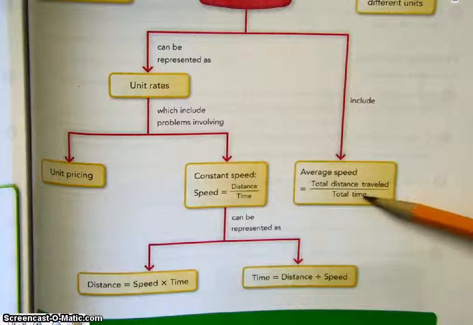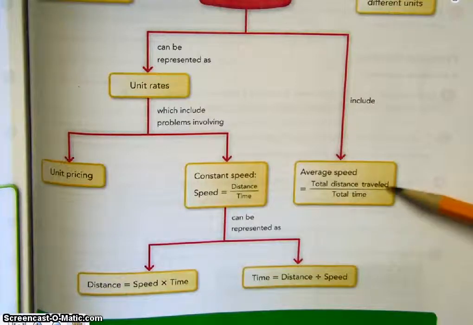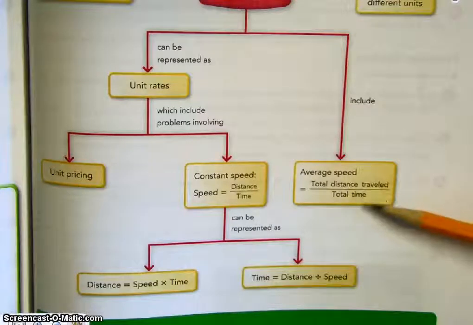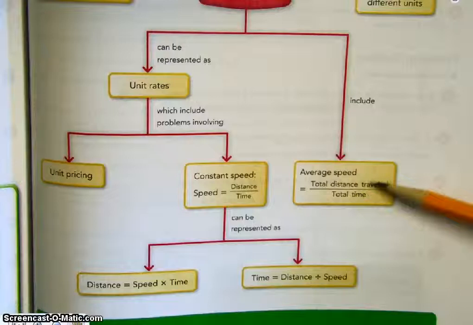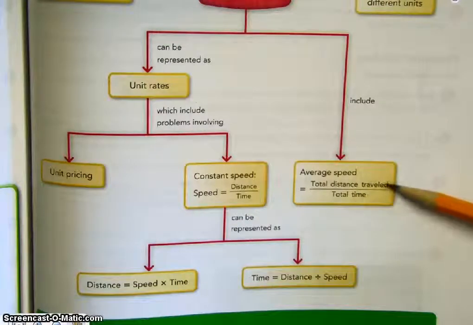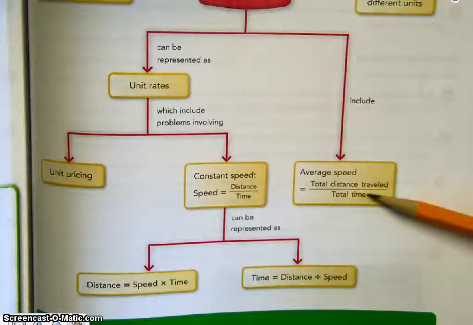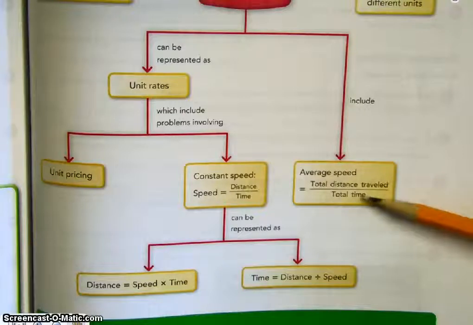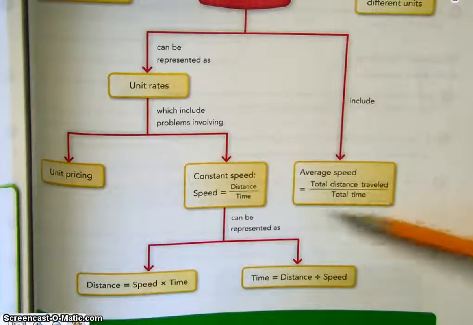So if it says I traveled 26 miles in 1 hour, then I would have to convert my hour, because in order to break that down, I'd have to break it down to minutes. So I would say, okay, there's 60 minutes in an hour, so I would take my total distance traveled of 26 miles, and I would divide it by 60 minutes, and then I could figure out how many minutes it takes to travel 1 mile.